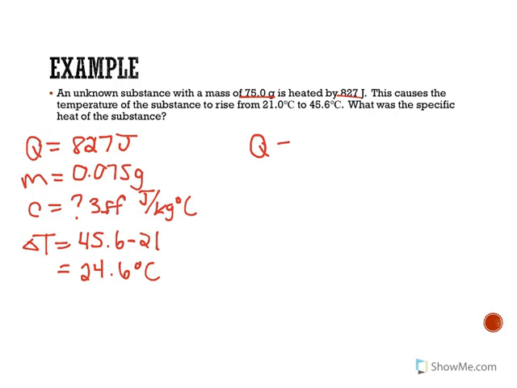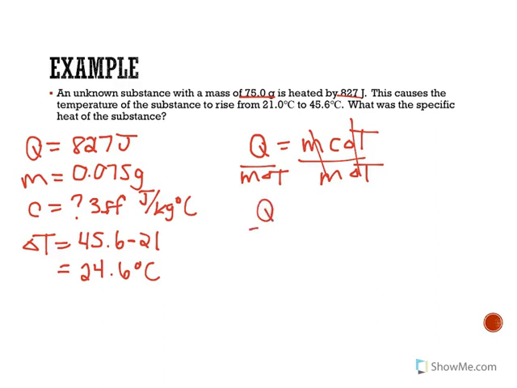Taking a look at our equation, Q is equal to mc delta T. This time we're looking for C. So it's good practice to rearrange your formula for the variable that you're looking for before you put in your numbers. So I'm going to divide both sides by m and delta T. Then I can cancel those off, and I can get C by itself.